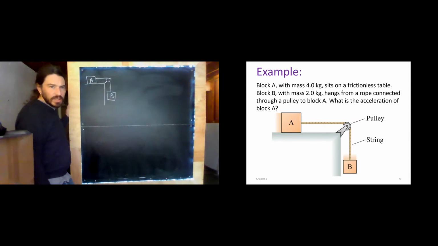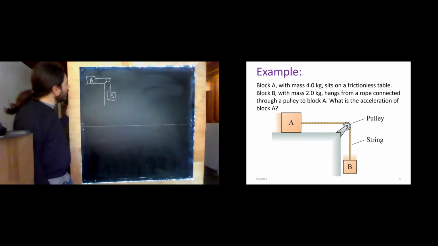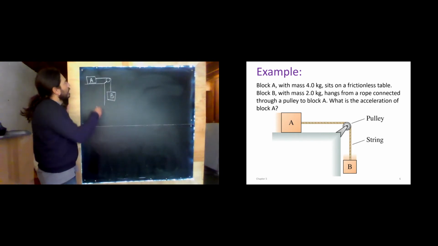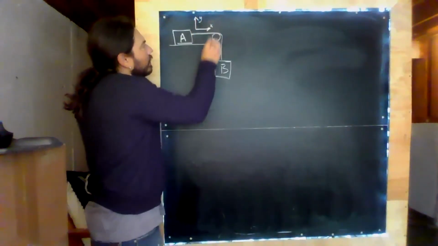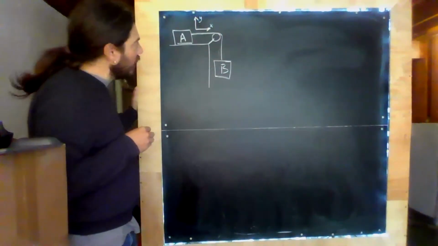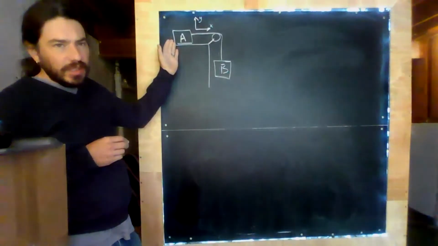How should we define our coordinate system? Well, if we just use a standard coordinate system here, like this, then the acceleration of block A will be in the positive x direction.